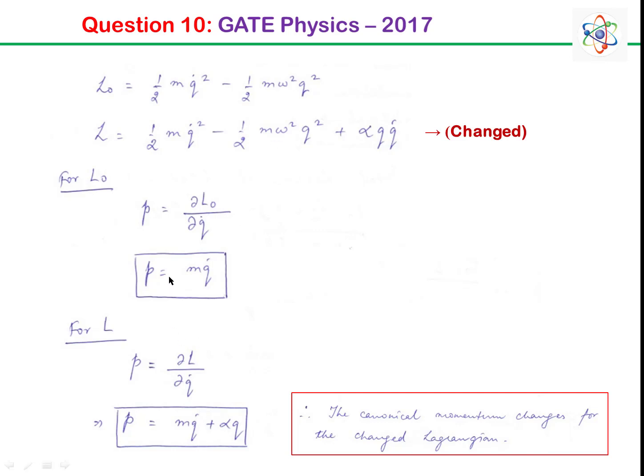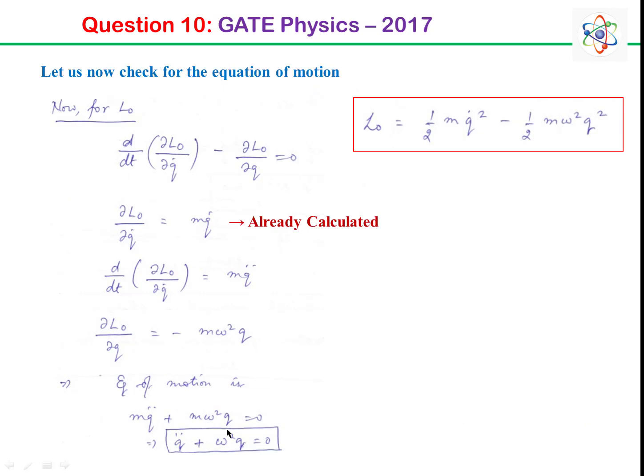So my canonical momentum P for L naught is m q dot, whereas the canonical momentum P for this L is m q dot plus alpha q. So we have this extra term in this L, and the canonical momentum changes because of this extra term.